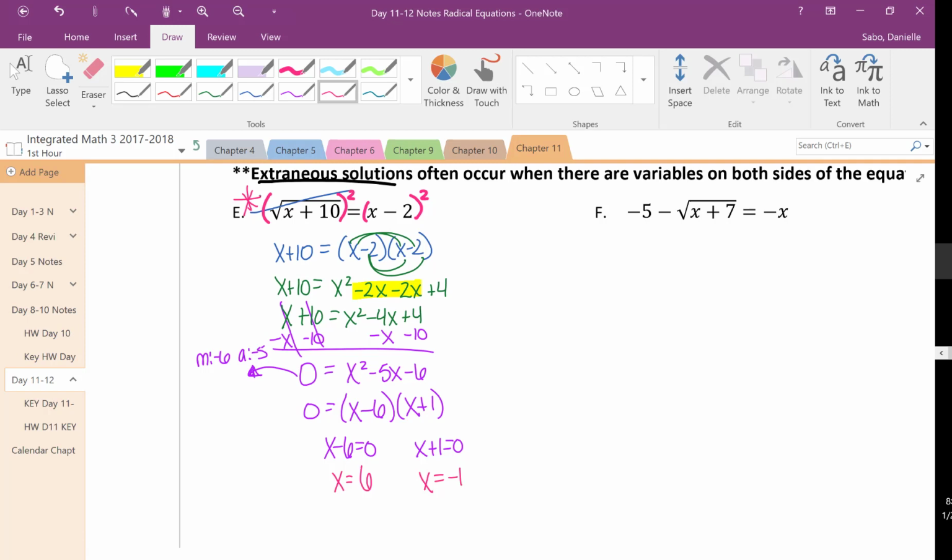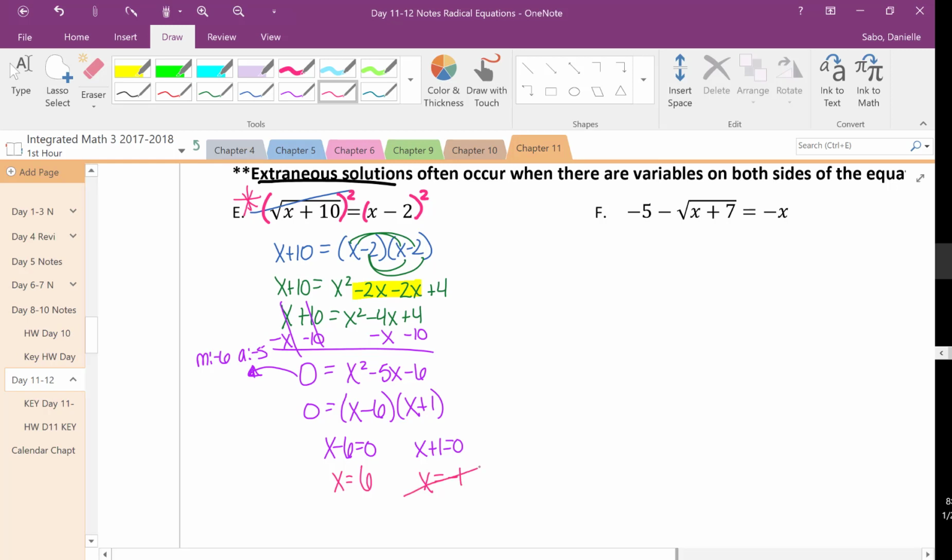When I plug in 6 here, 6 minus 2 is what? 4. Can a square root produce a 4? A positive number, yes. Now when I plug in negative 1, negative 1 minus 2 is? Can a square root ever produce a negative number? No. So this one is extraneous, and you have to cross it out.